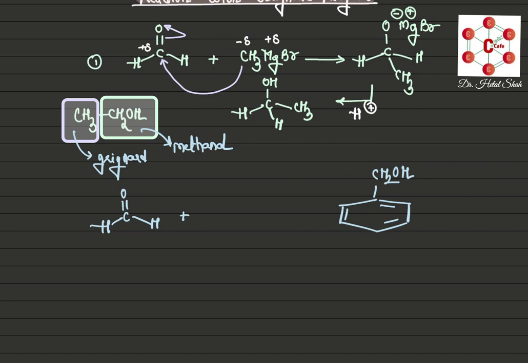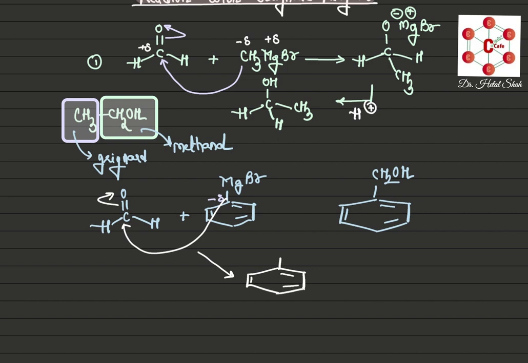I need to take phenyl magnesium bromide. So what would happen then? This is the negative part, right? So this negative bond would connect here, and you will have C, and then HO minus MgBr plus.